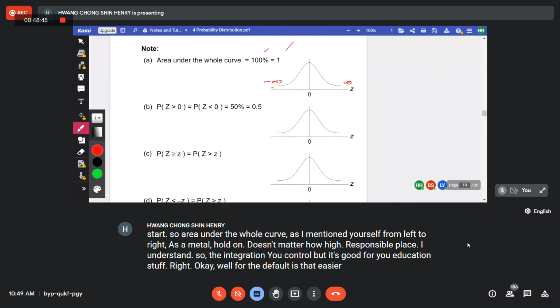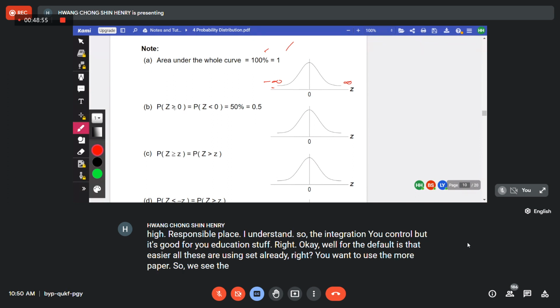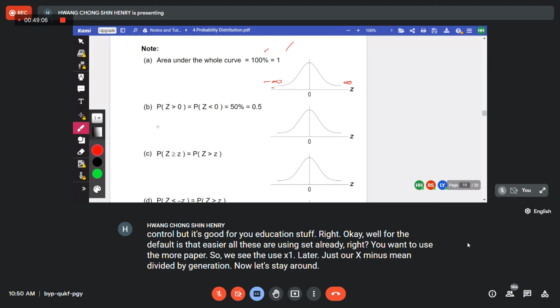Now, probability for Z. You see, all these are using Z already, because we want to use the normal table. Later, we will learn how to change X to Z using the formula just now: X minus mean divided by standard deviation. Now, let's play around to understand better.